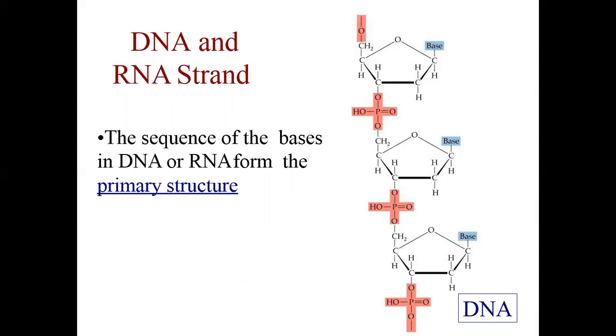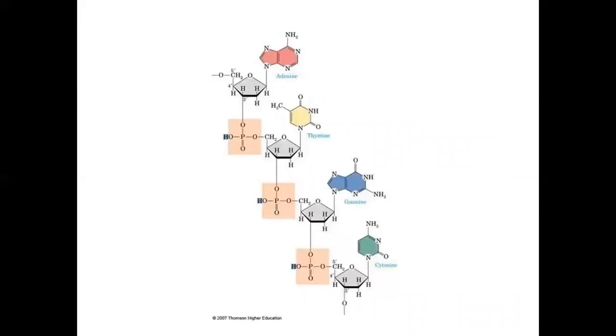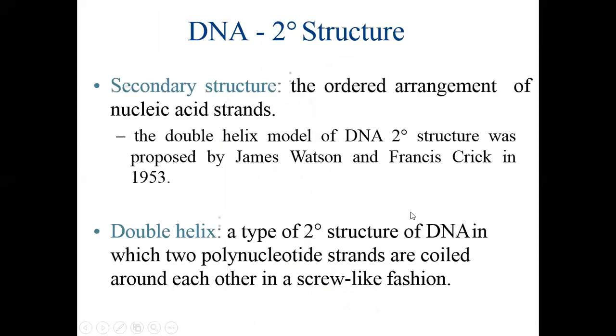In case of DNA, it is a double stranded chain of nucleotides, and in case of RNA, it is single stranded. This structure is common to both of them. Basically the structure is a linear polymer of nucleotides, which is shown in this picture.